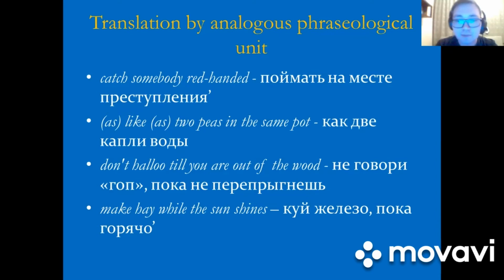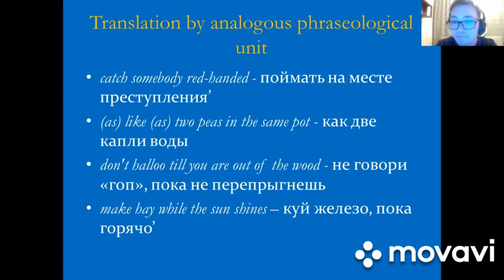The second example which is given here, as like as two peas in a pot, and its equivalent, как две капли воды. We can see that the two units have the same meaning, but the imagery is different. In the first phraseological unit, the word peas is used. We know that peas are quite identical to each other.